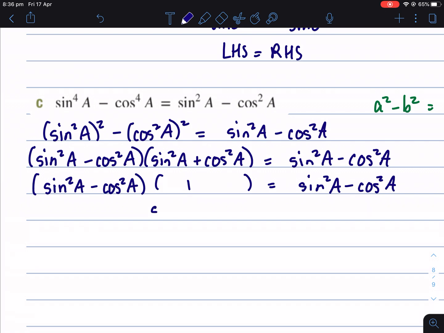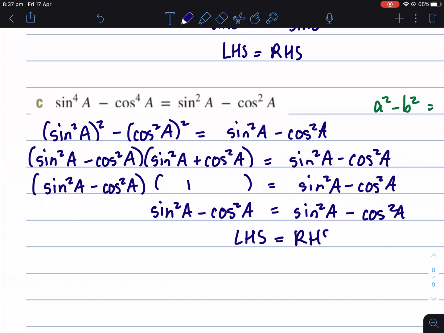So we end up with sine squared A take cos squared A, because that whole lot times 1 is just it, equals sine squared A take cos squared A. Who could have guessed? So left hand side equals right hand side.